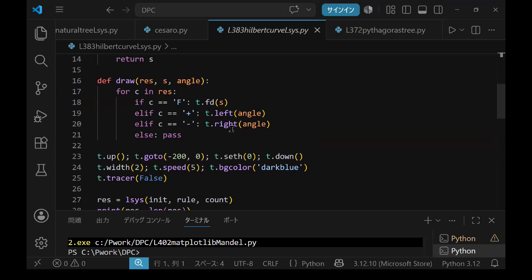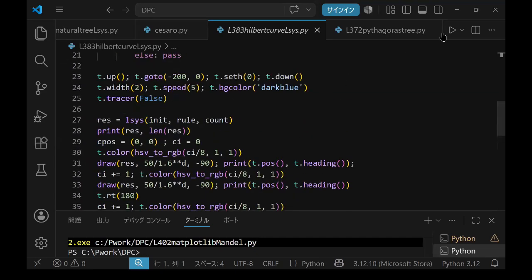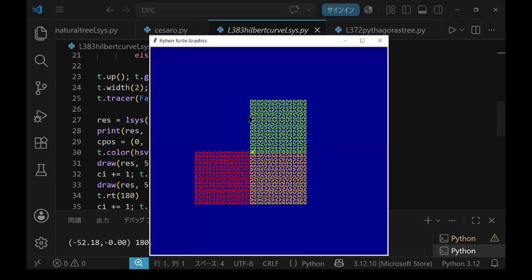If we have minus, we turn right by the angle. And that's all. Very simple. Very simply written rule. Okay, this is a way to draw fractals.